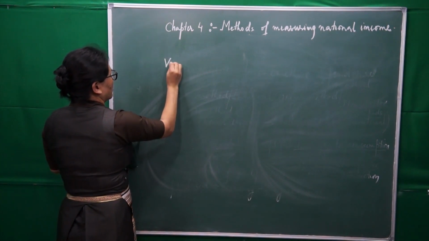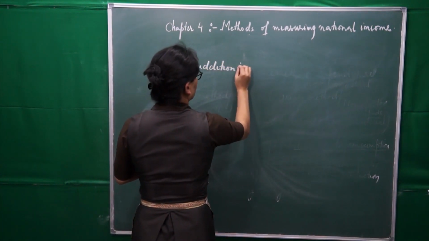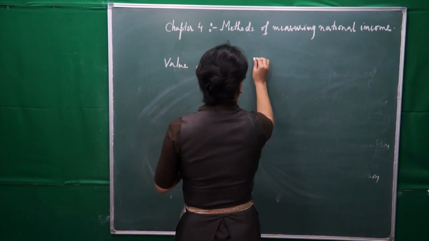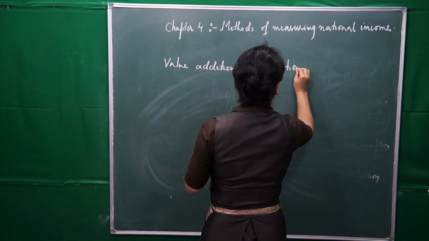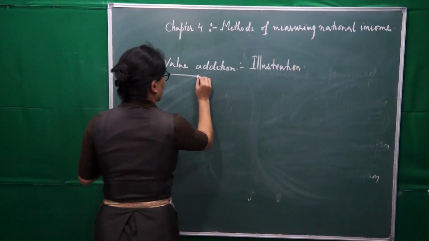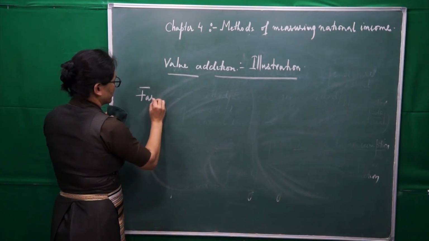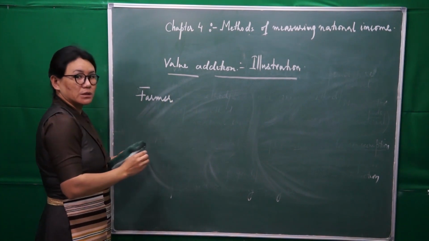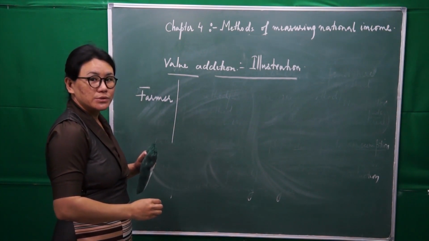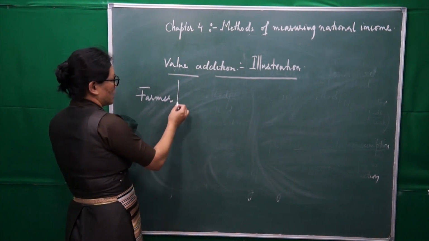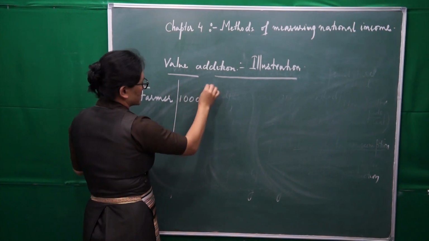So, value addition illustration. We will take up one producer, that is farmer. Farmer has produced wheat, and the price of the wheat is, we will assume, this much.